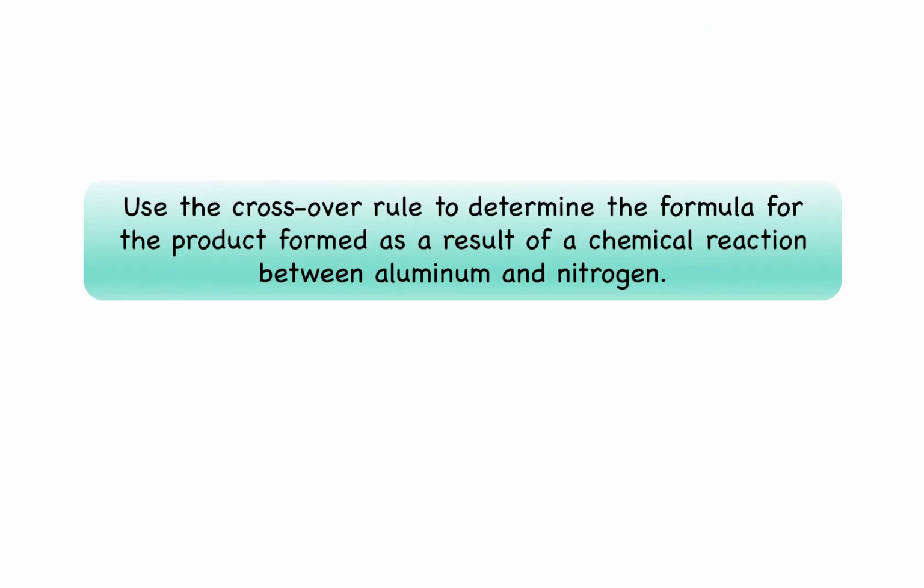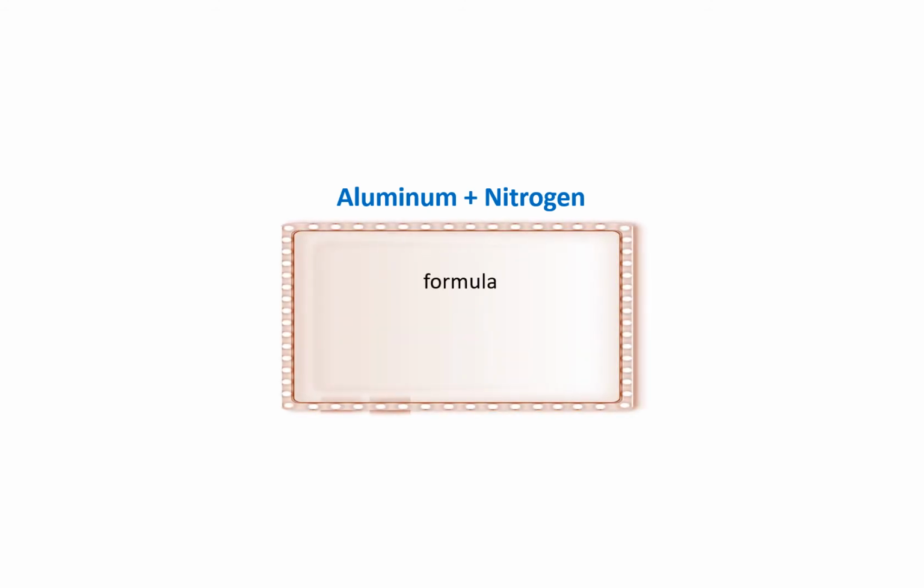Problem 4, Part A. Use the crossover rule to determine the formula for the product formed as a result of a chemical reaction between aluminum and nitrogen. Answer: the formula is AlN.